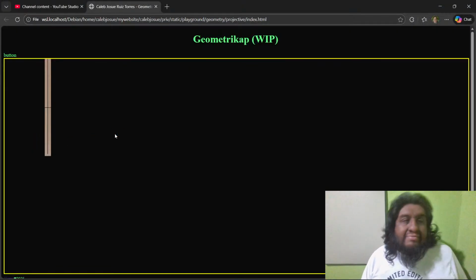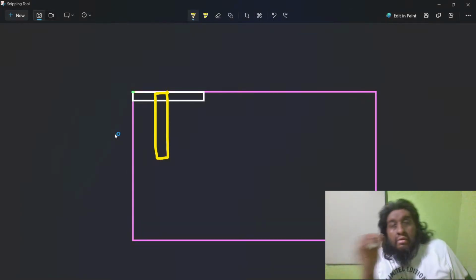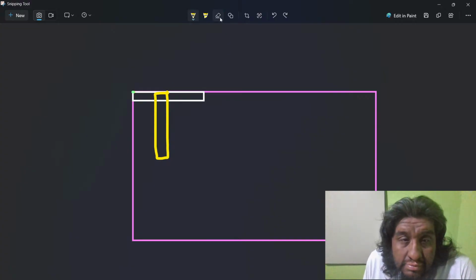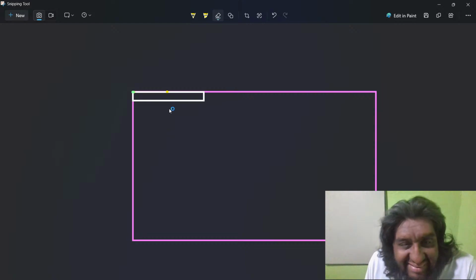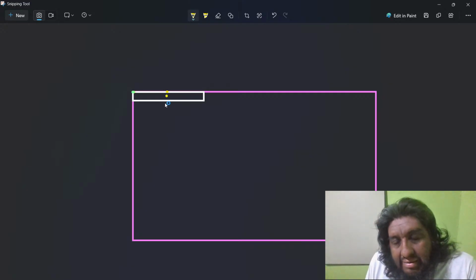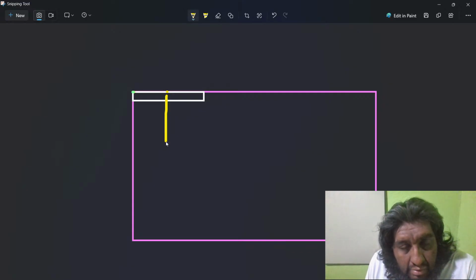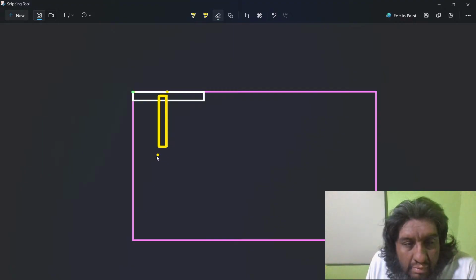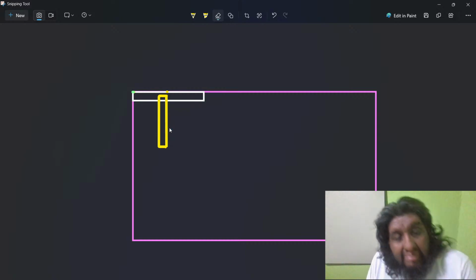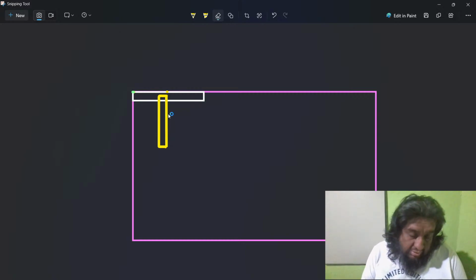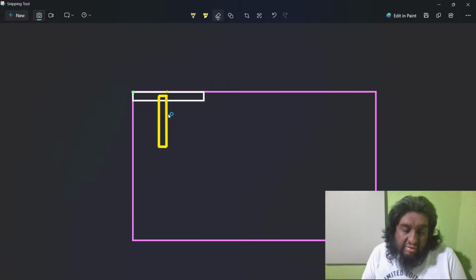Now, if we calculate this midpoint and perform the rotation, look at this. Okay, we will get this image.